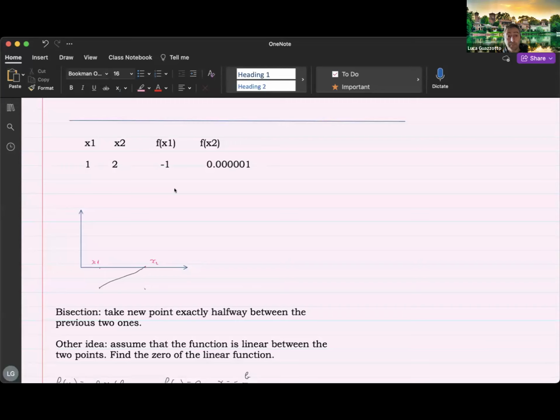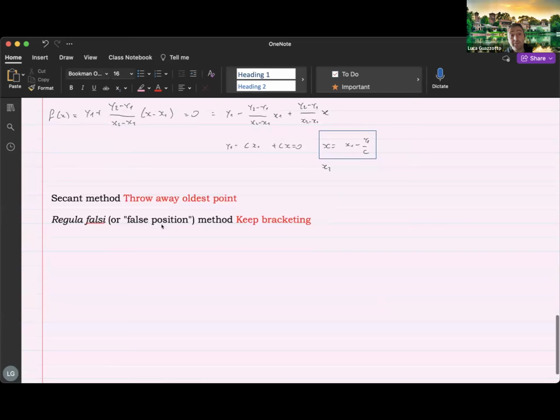In other words, of the two, if I keep the bracketing, false position, that's guaranteed to converge for the same reason as before. Because you never throw away the interval, and if the function is continuous, same catch as before, it must assume all the values between the positive one and the negative one that you have in your bracket.